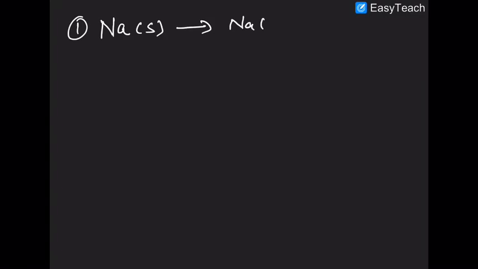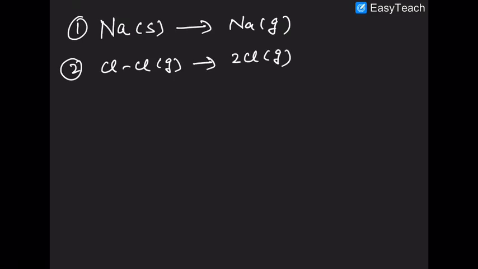Now let's look at one more picture. If you take sodium, that is the first step, and transform it into the gaseous phase, this is enthalpy of sublimation. If you take chlorine gas and dissociate it into atoms, that is enthalpy of bond dissociation.